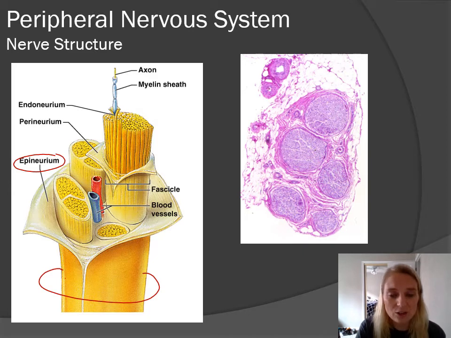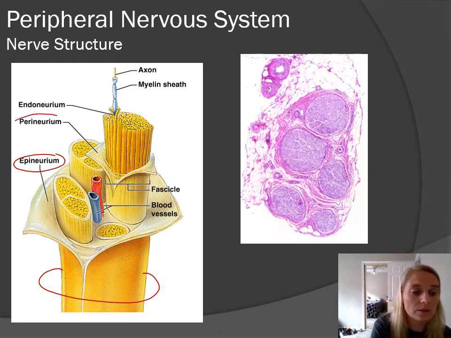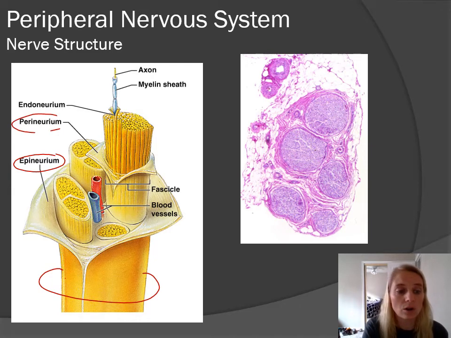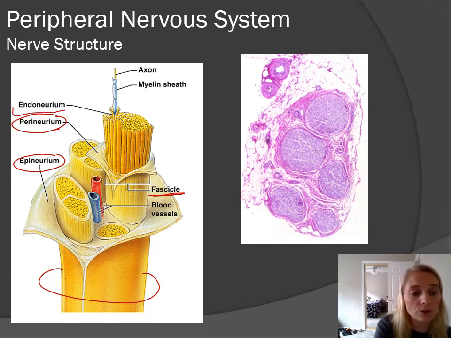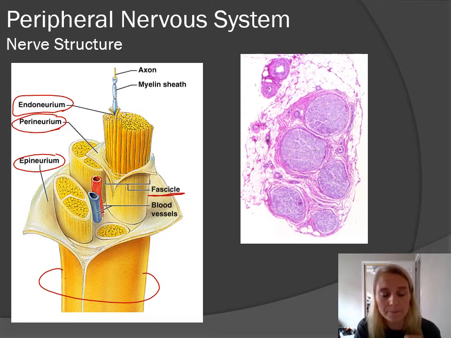Then within that nerve, there are smaller bundles of axons, and each of these bundles is wrapped by a connective tissue sheath called the perineurium. And these bundles, also called fascicles, are filled up with individual axons, which themselves are wrapped by a little connective tissue sheath called the endoneurium.